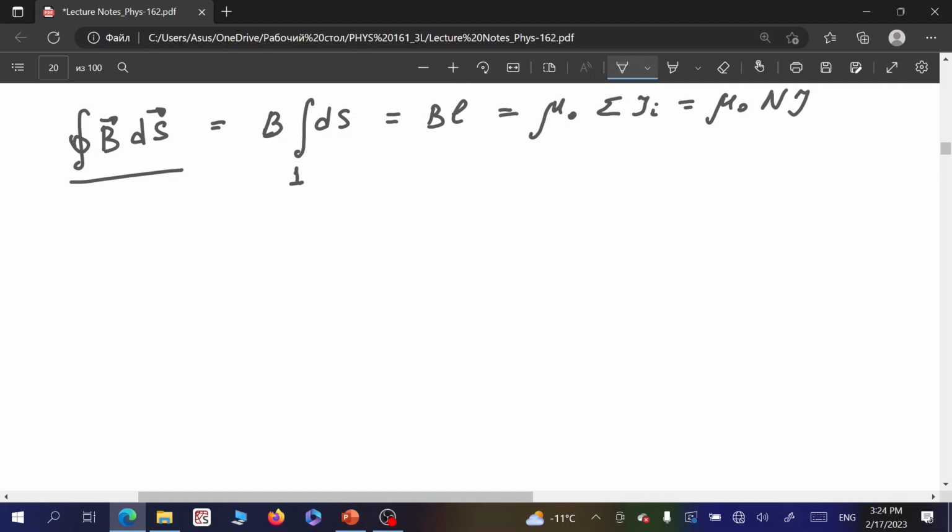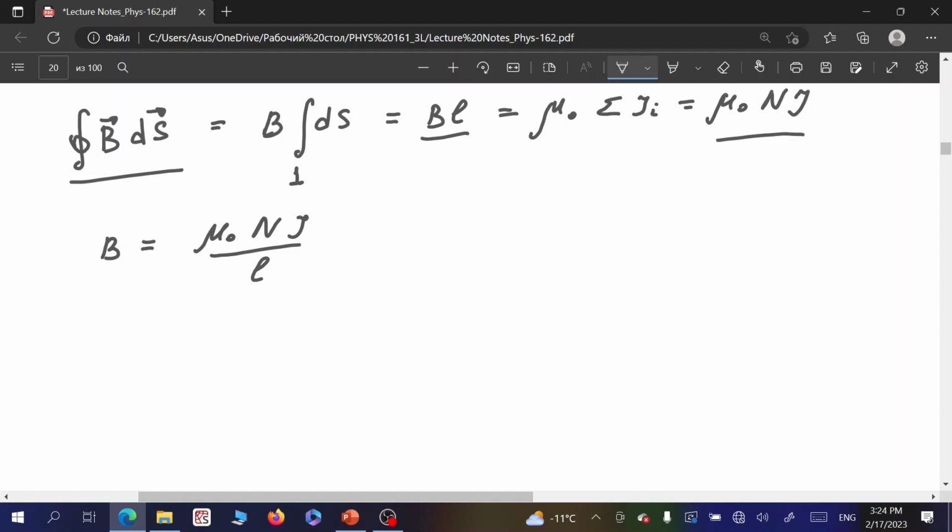So now we can rearrange it a little bit in order to express magnetic field. So we have left side and right side of the equation. So now we want to express the magnitude of magnetic field inside the solenoid, and that will be B equals mu naught times N times I, divided by L, which is the length of this side 1 of the closed loop.